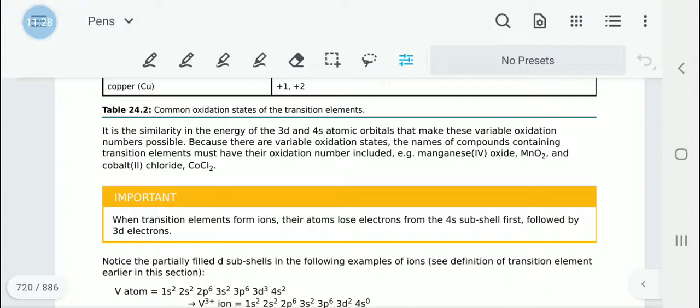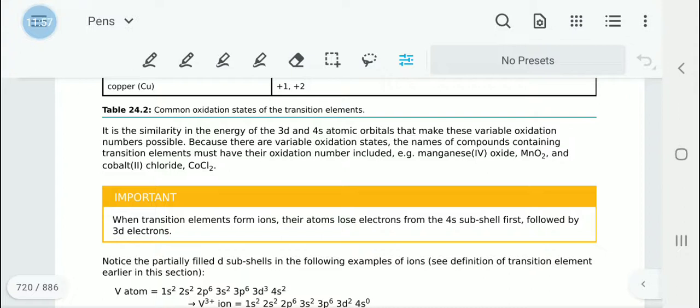The reason how it is possible for them to have these variable oxidation states is the similarity in the energy of 3d and 4s atomic orbitals. Because of their energy similarity, this is possible.